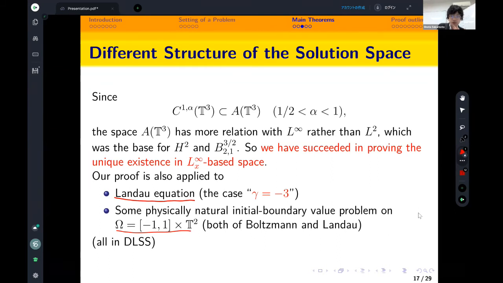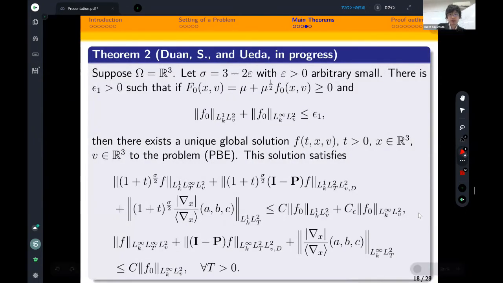And this was also, to our best knowledge, the first trial, I believe. And the second theorem is due to Duan, the same Duan at Chinese University, me and Yoshihiro Ueda at Kobe University. Even though it's written in progress, we have almost finished.